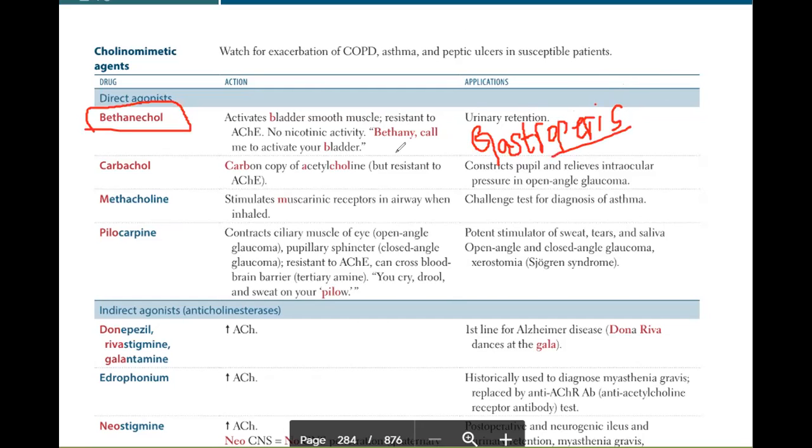Just as we have an atonic bladder, we also have an atonic stomach. The nerves to this stomach are not working. What is the nerve we have? We have the vagus for parasympathetic, and the sympathetic branches.